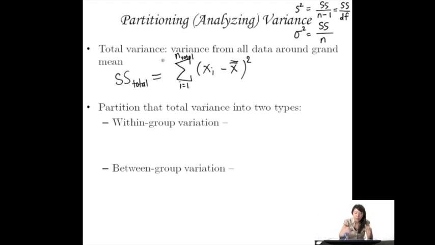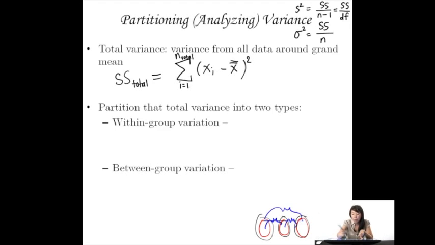We have this total variance and we're going to partition it into 2 types of variance. One is within group variation, and the other is between group variation. If we have 3 groups, the between group variance is going to look at how different they are from each other. The within group variance is just going to look at how different the data are from their own group.